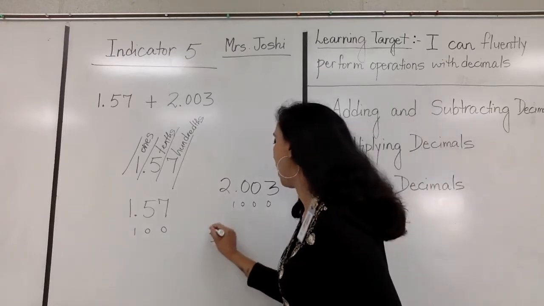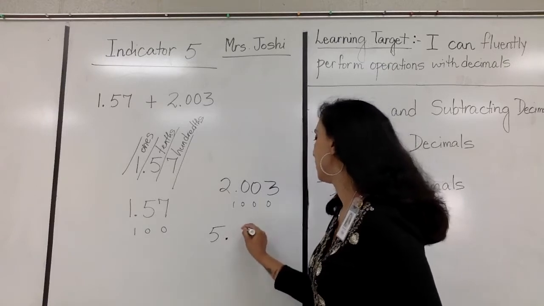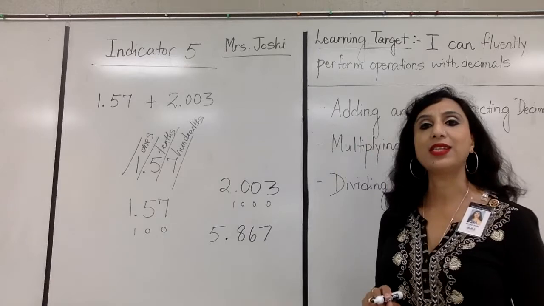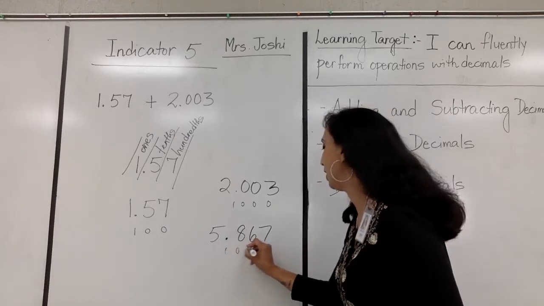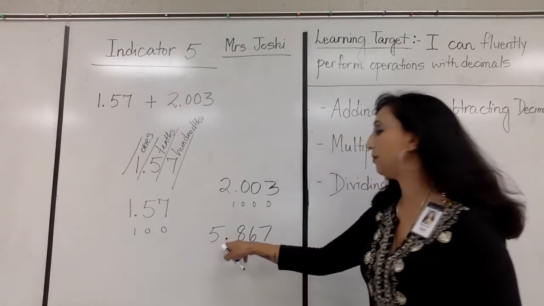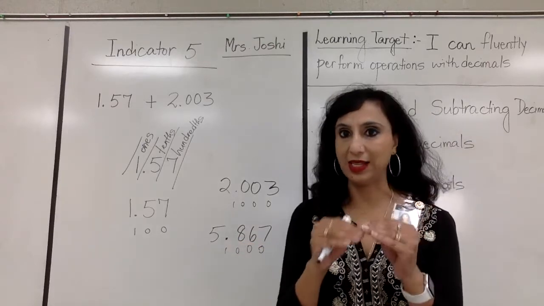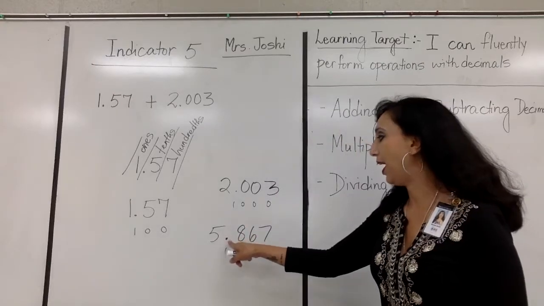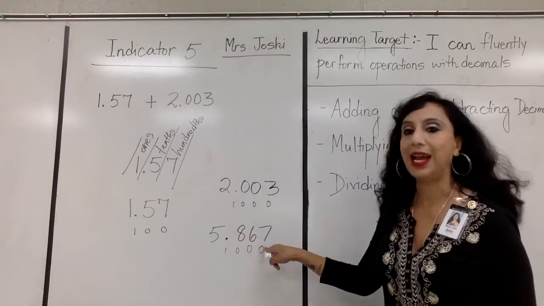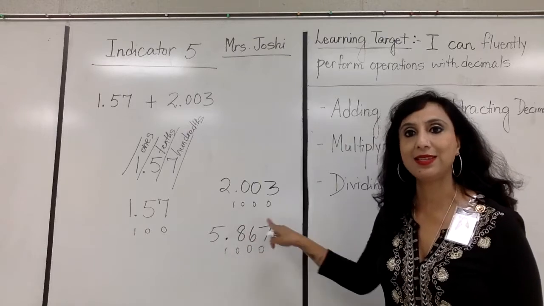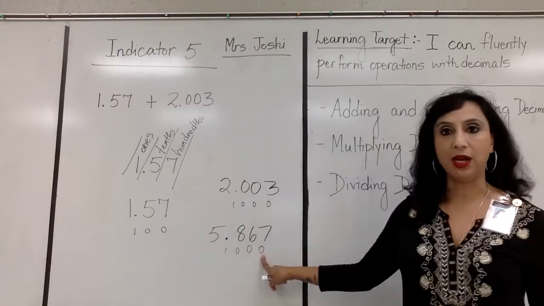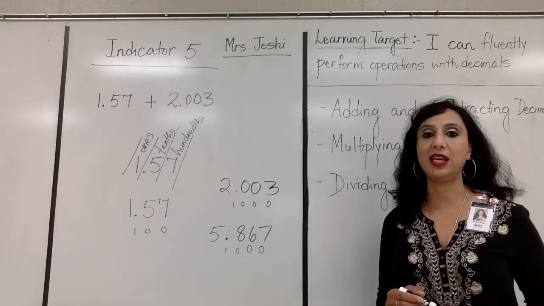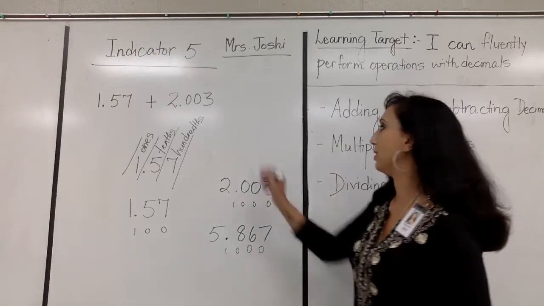If I had 5 and 867 thousandths, wherever the decimal is, you always say and. So 5 and, then read this number exactly how it is: 867 thousandths, because that's the place value it is. It becomes really, really easy to read numbers like this.